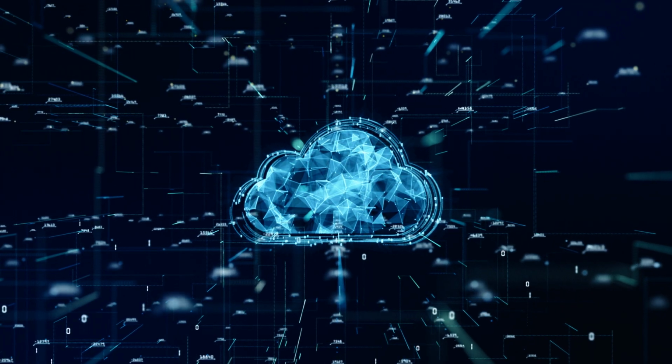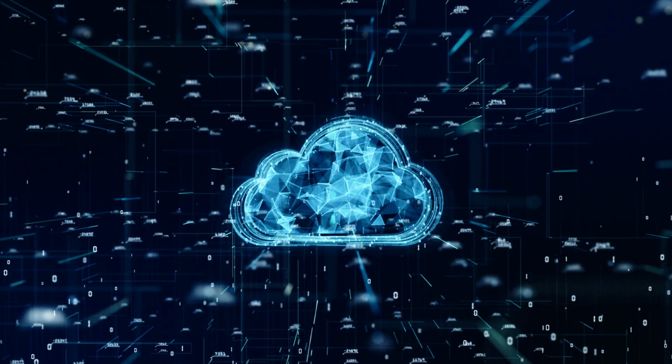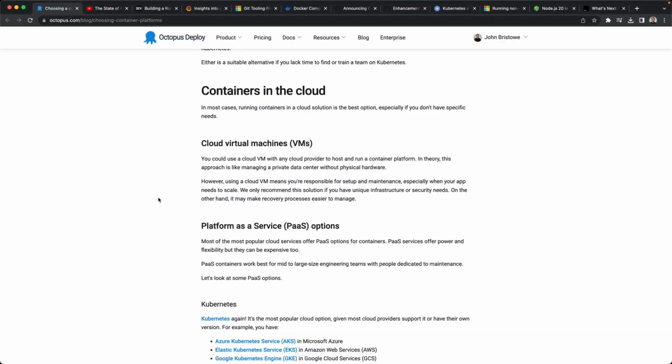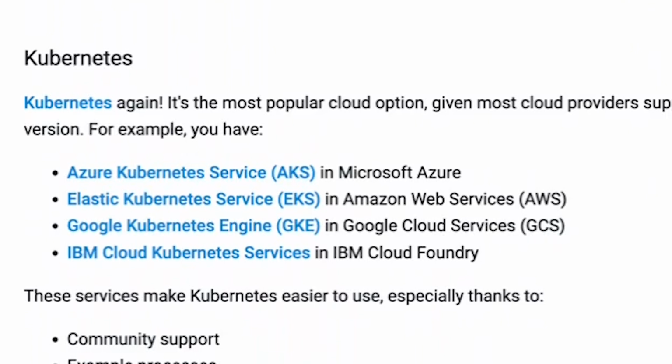If you're looking to do this within the cloud, there's a variety of services there, whether these are repositories or registries for containers, whether these are hosted solutions for Kubernetes, for example. These include AKS, EKS, GKE.